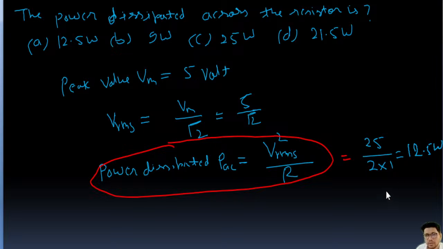We need to find the total power. For total power, we also need to find PDC, the power dissipated by DC current. This is going to be V square upon R, and V is also given in the figure.